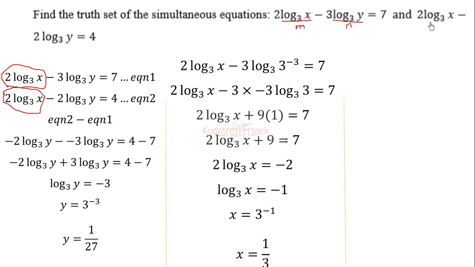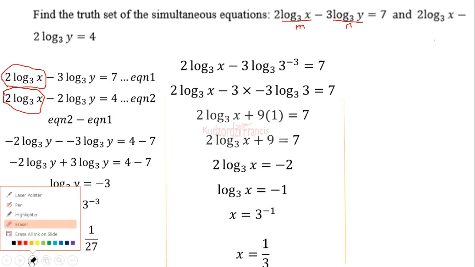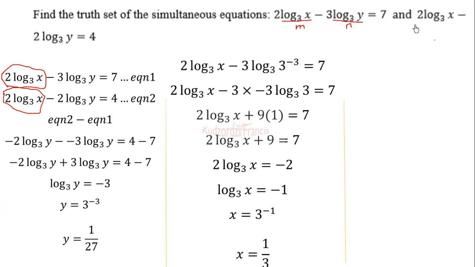The same thing here, m here. So you can put m here too. Then over here too, you put n here. So your equations will become like this.